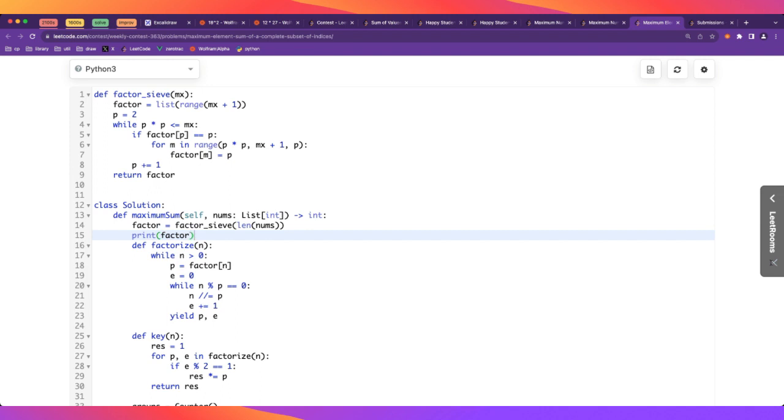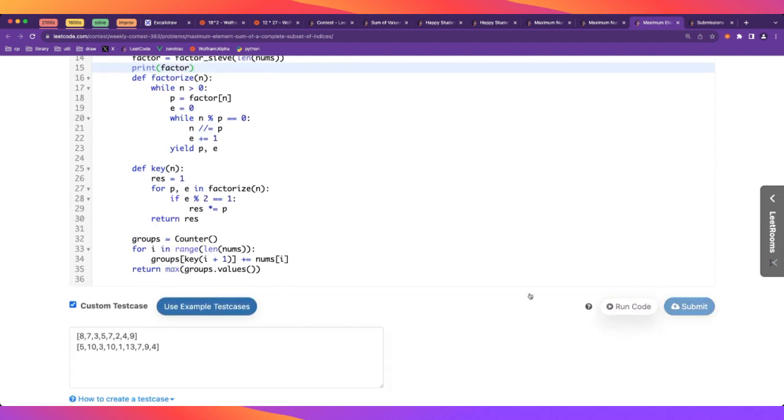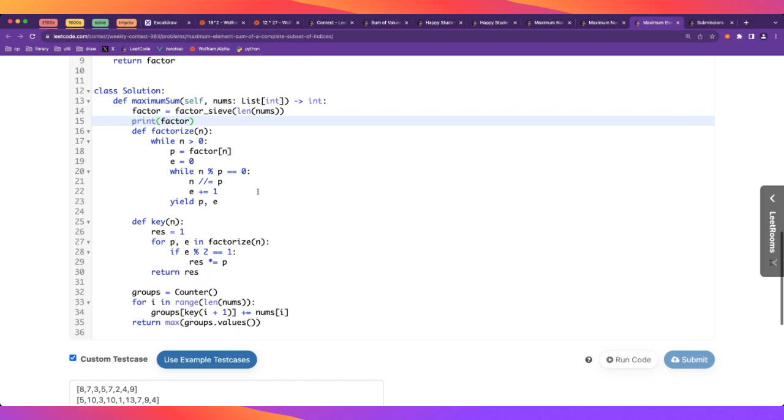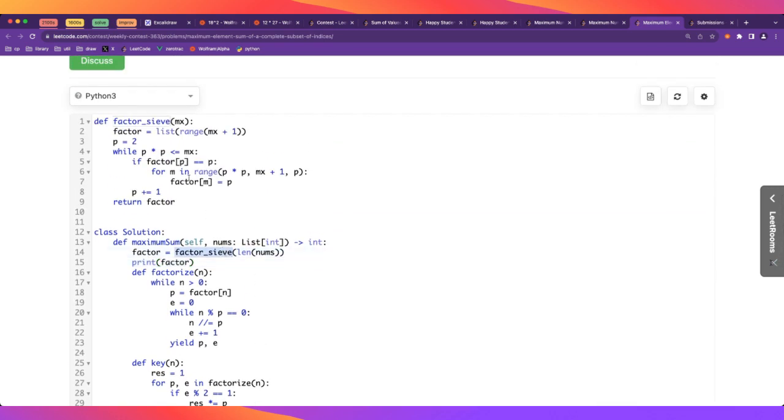I'm gonna print something to see what's going on here because I don't see it. Okay, so it seems to be the problem right here. So usually the problem is that I don't increment p, but I am incrementing p.